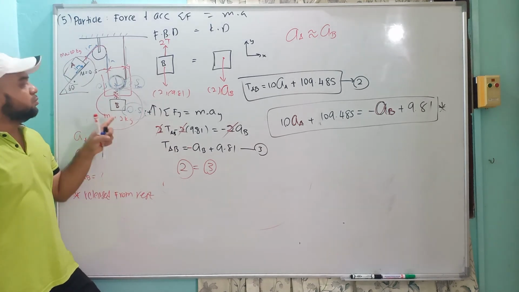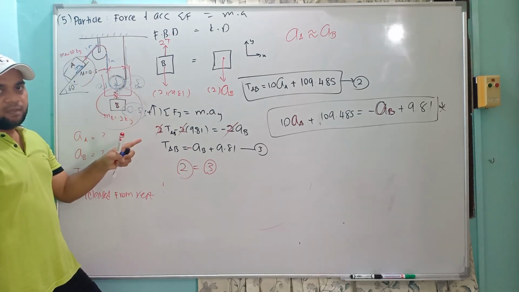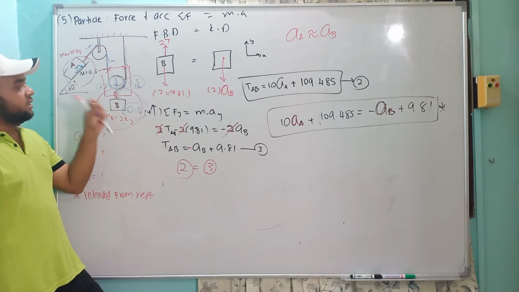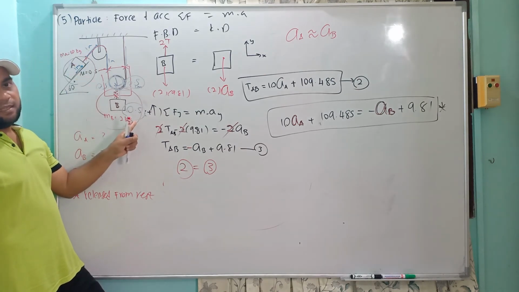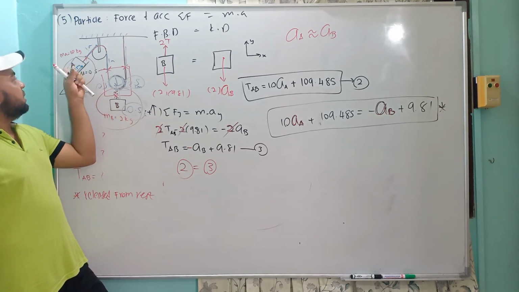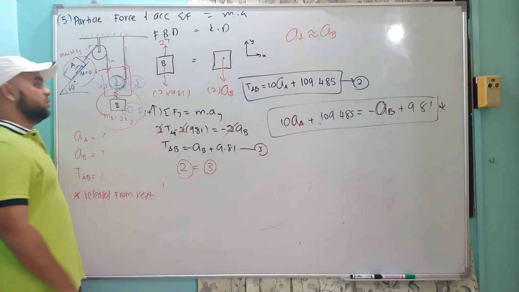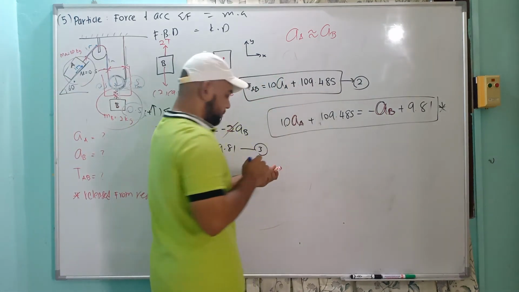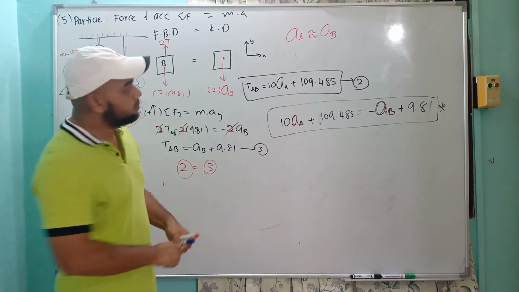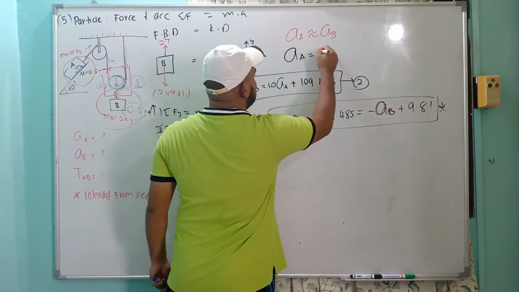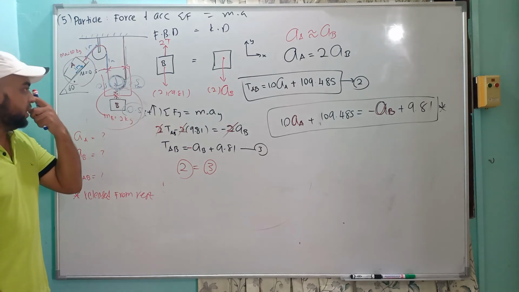The time taken for A to move 1 meter and B 0.5 meter is the same, so divided by the same T. The only difference is the displacement S, which is 2 times bigger for A than for B. So of course the acceleration of A is 2 times bigger than the acceleration of B. So AA equal to 2AB.